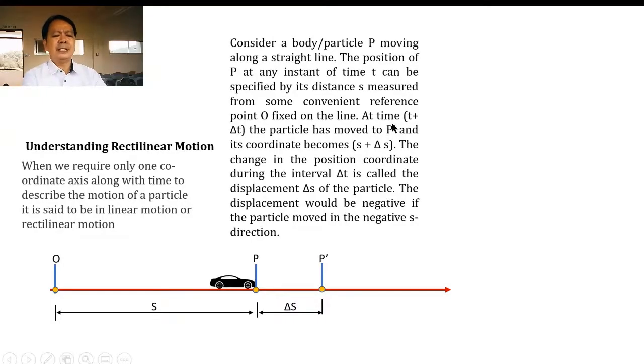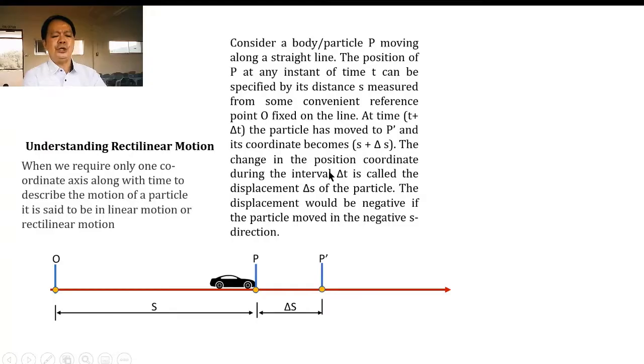At time t plus delta t, the particle has moved to another position and we shall call it P prime. So it has moved to P prime. Now, the coordinate of P prime will be s plus delta s because the position has moved by a delta s, right?